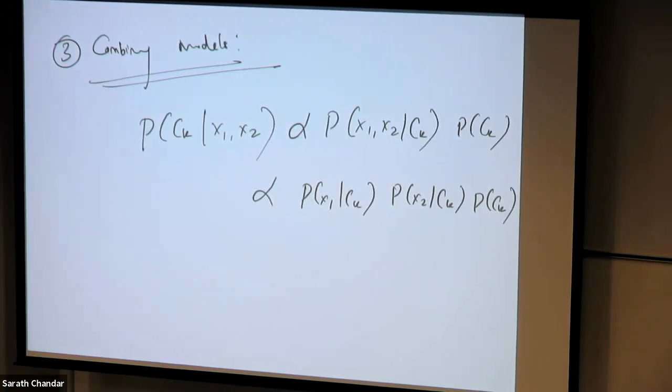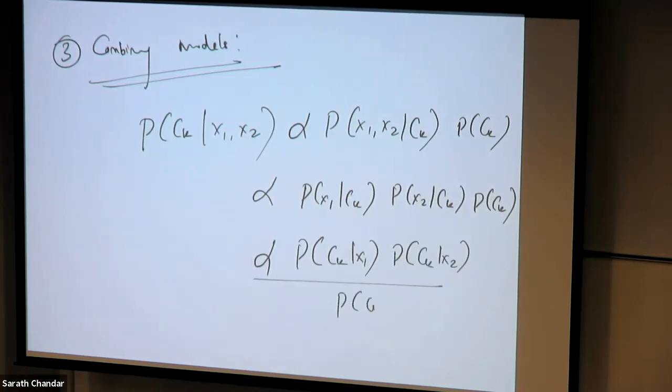If I have a separate classifier for the first test and a separate classifier for the second test, then I can just estimate the posterior probabilities there and plug them in here. So it becomes P of Ck given x1, P of Ck given x2, multiplied by P of Ck. It's very simple. We can combine these two classifiers to construct a new classifier, as if we conditioned on both x1 and x2. Is that clear?